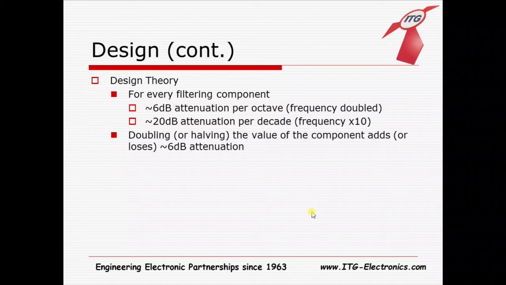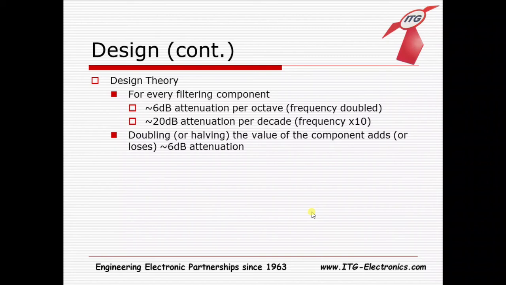And an octave is a term used for when the frequency is doubled. So if you go from 100,000 to 200,000 the frequency, you can expect about 6 decibels of attenuation per filtering component of that type of noise, which balances out to about 20 decibels or dB of attenuation per decade, which is when the frequency is multiplied by 10.